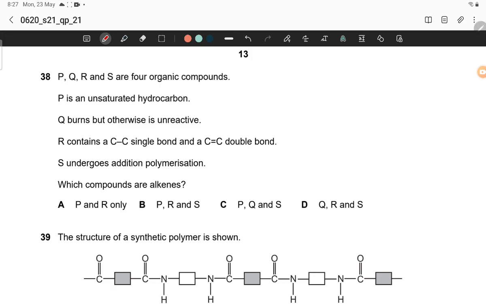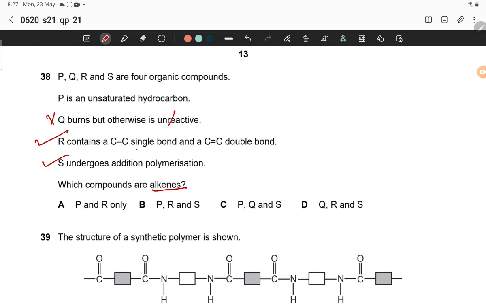Which compounds are alkenes? Q burns but otherwise is unreactive, this is incorrect, it is reactive.